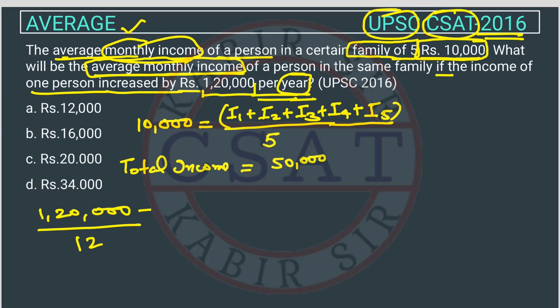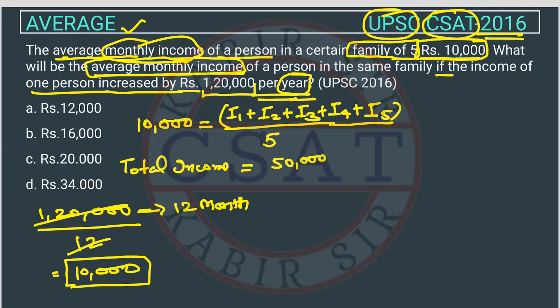We will divide it by 12, because this is the increment of 12 months, but now we have to calculate how much will be the increment in 1 month. So this will come out 10,000. So 10,000 is the increment per month.